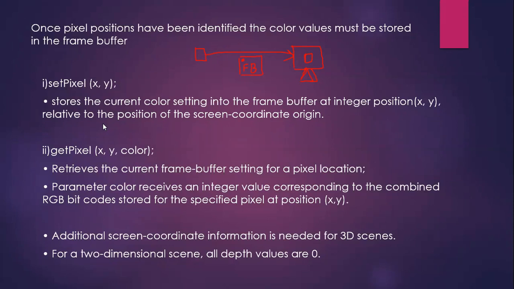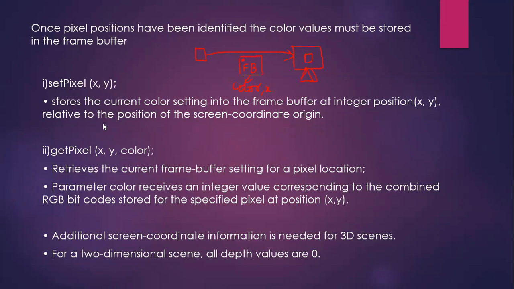So here the frame buffer consists of the information about the location of the particular object. It will consist of the color information, what color the object has to be represented in, and the xy coordinates.